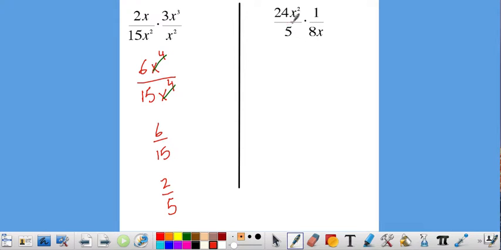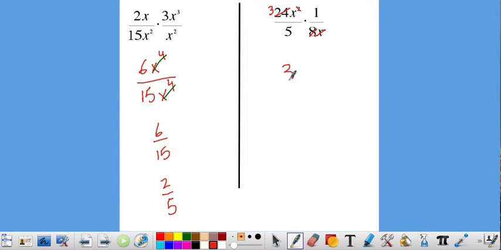Let's try this one. For this one, instead of multiplying, I'm going to do some simplifying right away. So we have 24x squared over 5 times 1 over 8x. I know that 8 goes into 24 3 times, so I'm going to do that simplifying right away, just because I can. I know that x and x squared, we can cancel one of those x's out, and it cancels out 1 on top.